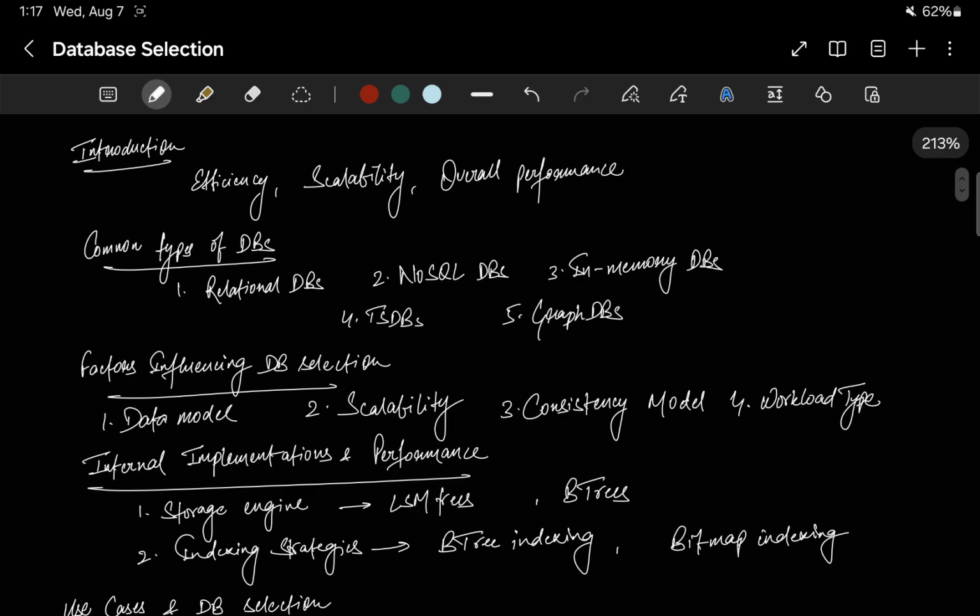So now when you talk about the kind of database you are going to use in your system design interview, you can justify them with this reasoning, like yes, my system is going to be read heavy, so I'll use a database which has an LSM tree based implementation. And similarly for write heavy, you will use a B tree based implementation, and these are the databases implemented using LSM tree, and these are the ones implemented using B tree.